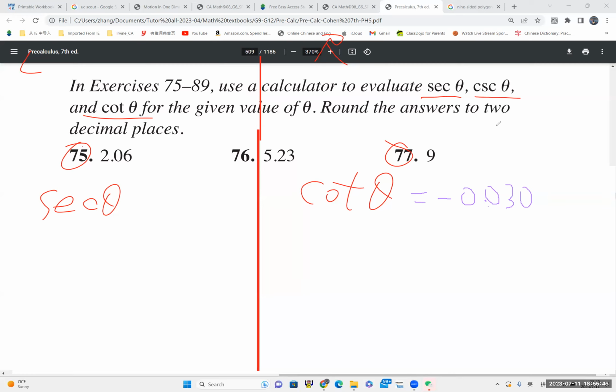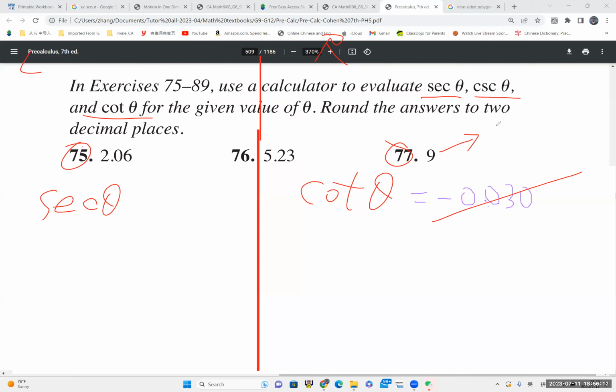Ray, maybe this is not correct. Could you double check? 9 means 9 radians, right? Not 9 degrees. Yeah, I am using radians. Okay, radians. I see. Neo, you mean you don't know how to do it?